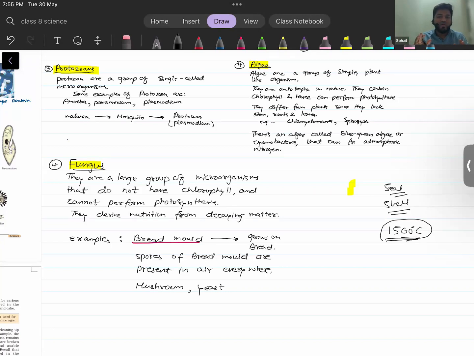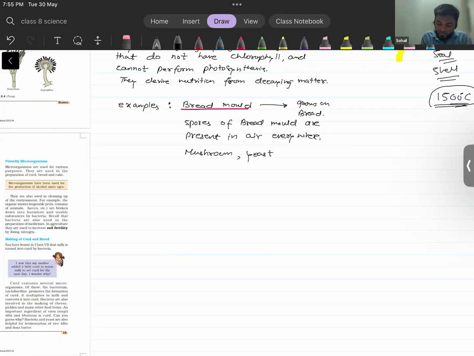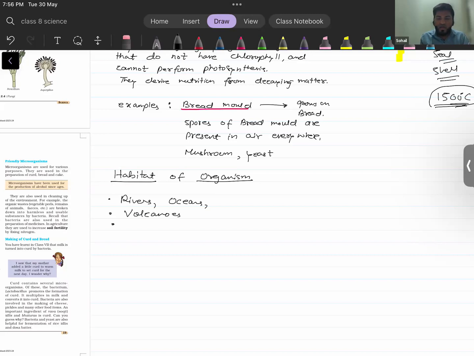Similarly, it was found that there are some microorganisms that can live and survive in these kinds of environments also. Talking about the habitat of microorganisms which we are discussing, they are found to be living in the harshest of climates, like rivers, oceans, volcanoes, and even ice.